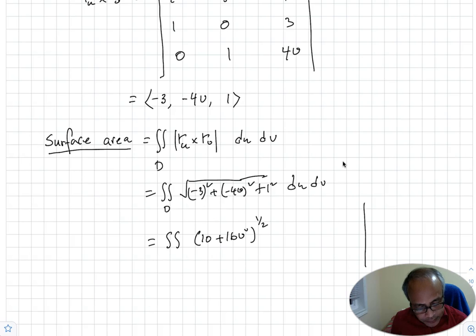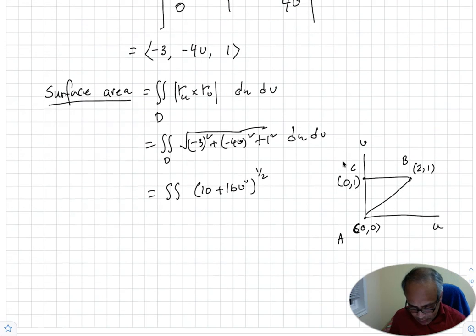the domain. So if I look at the parameter domain uv, one vertex is just 0, 0. Another one is given 0, 1, and the other one is given 2, 1. So let's denote them A, B, C. It doesn't matter which way to go, but I'm going to do it this way.